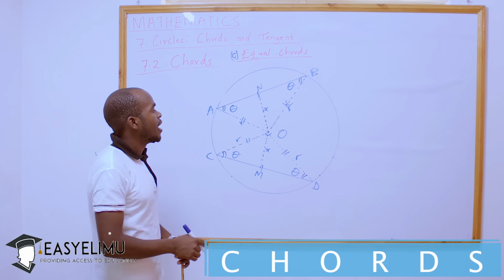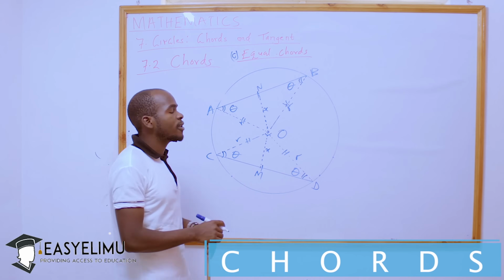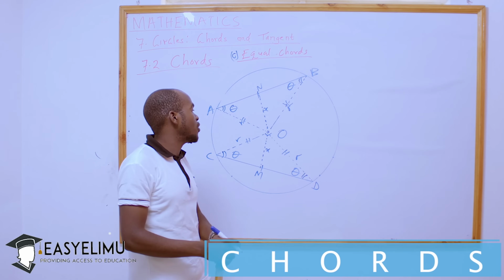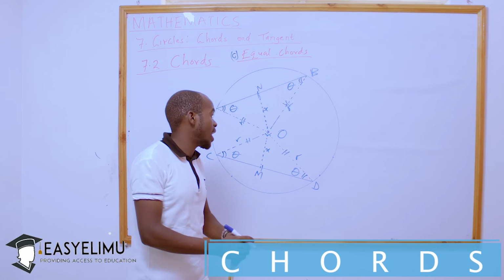Meaning that if the chords are equidistant from the center of the circle, then the chords will be equal to each other.